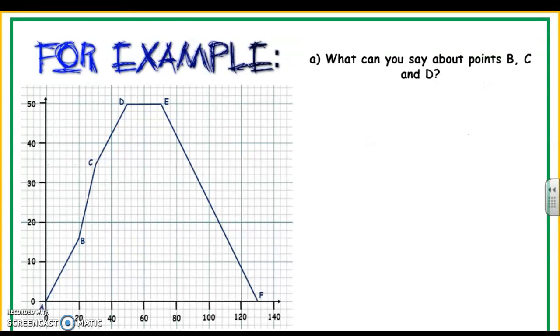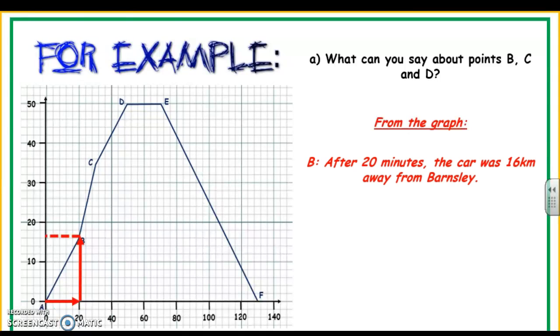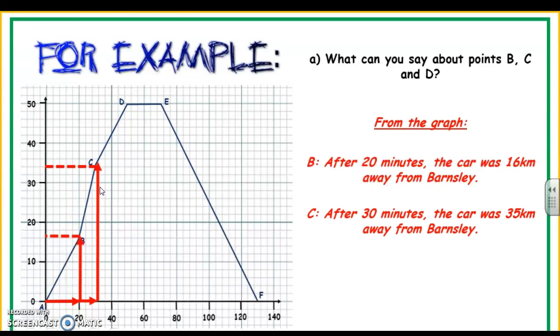Okay, so I'm going to flip through this PowerPoint really quickly. So B, C, and D. It gives us the coordinates. After 20 minutes, so our x-axis, again, is our time in minutes, the car was 16 kilometers away from Barnsley. Same thing for C. After 30 minutes, the car was 35 kilometers away from Barnsley.